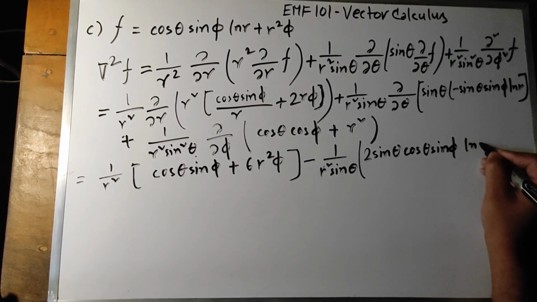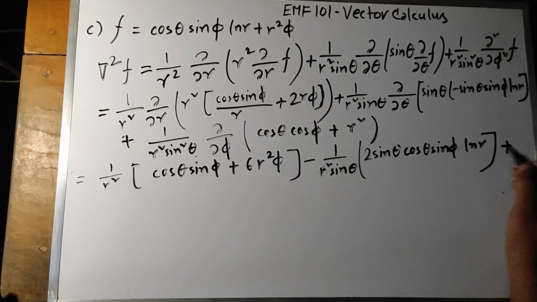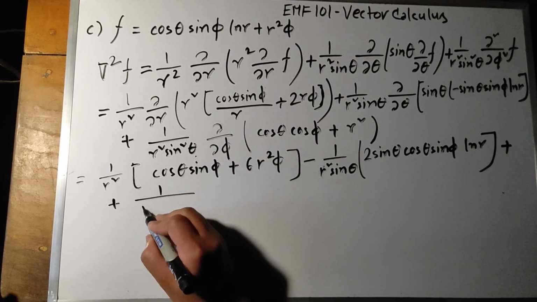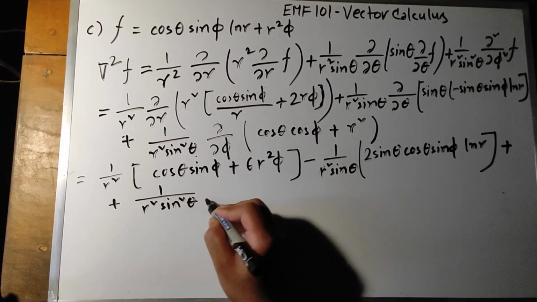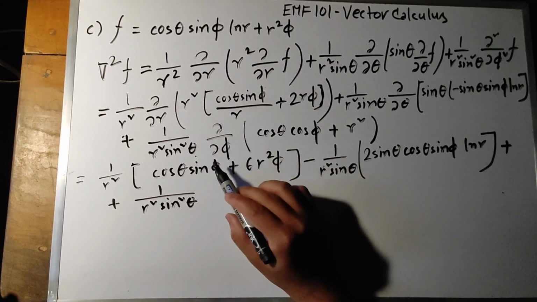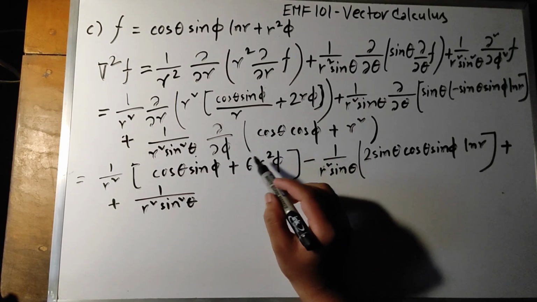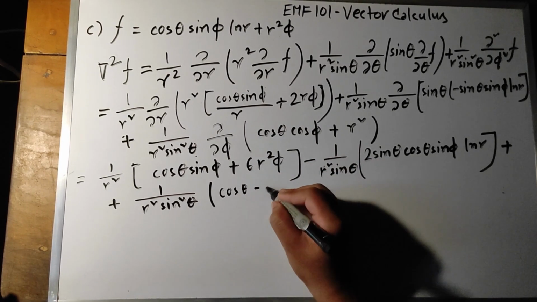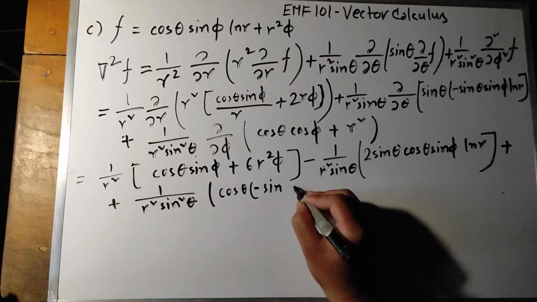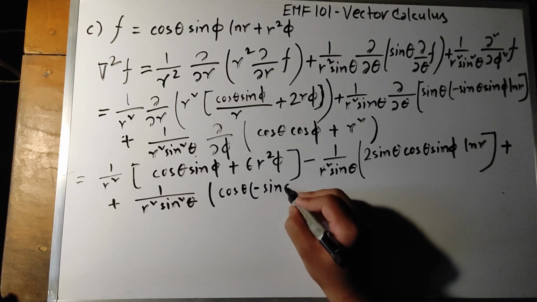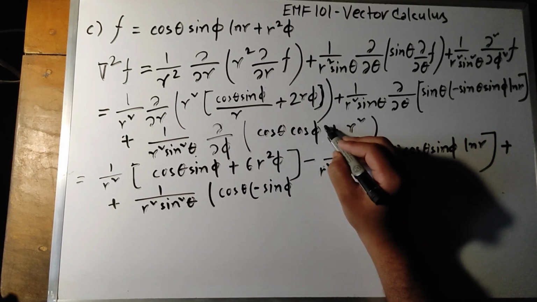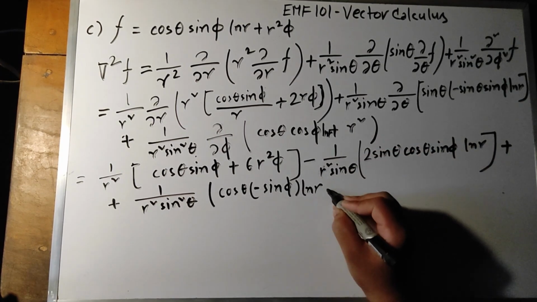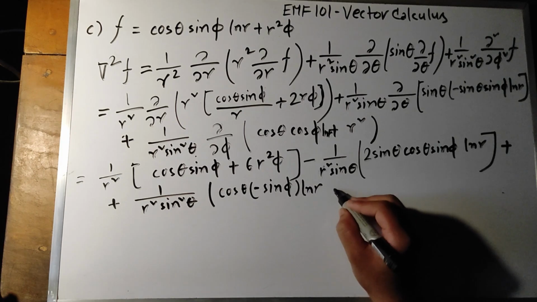sin phi ln r plus, so here it will be plus 1 by r square sin square theta, so here partial differentiation with respect to phi, so cos theta minus sin phi, so I forgot to write ln r, so ln r plus 0.